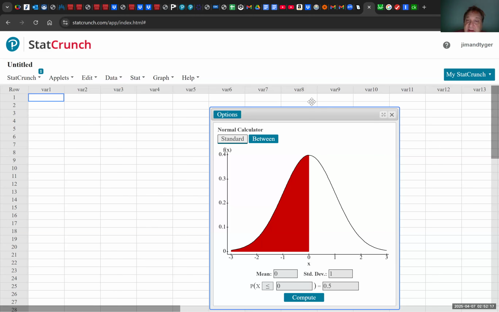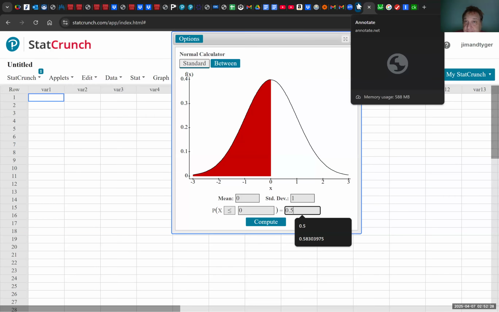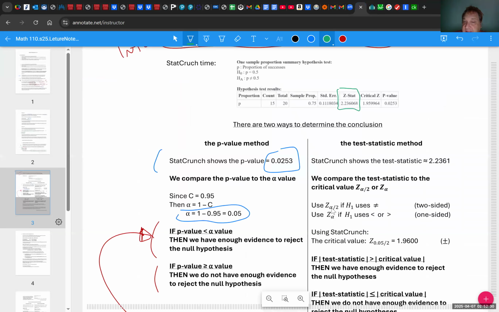And then I'm going to do my probability to the right, and I have to type in a certain number here, right? So what number goes in there? Well, if you have a not equals to sign, which we have in our example, then we do z alpha over 2, which means you cut alpha in half. So you have one above and one below.